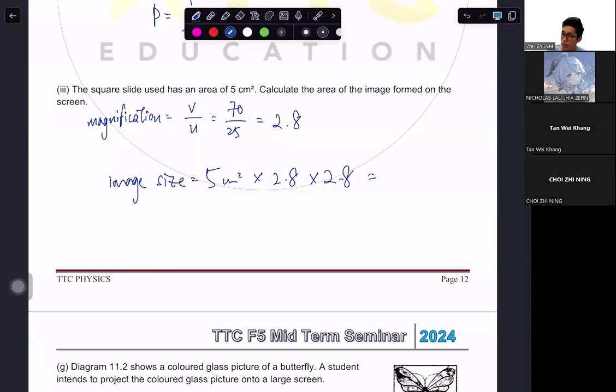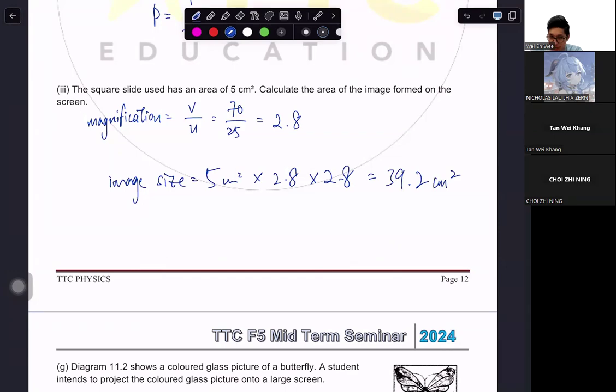So what is 5 times 2.8 times 2.8? 39.2, yeah, you get 39.2 cm square. Okay, everyone got this? 39.2 cm square.